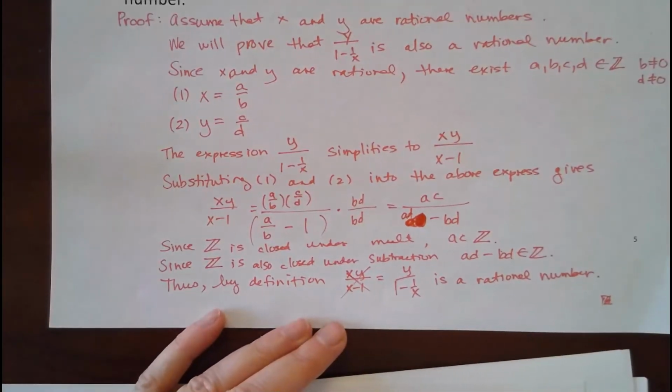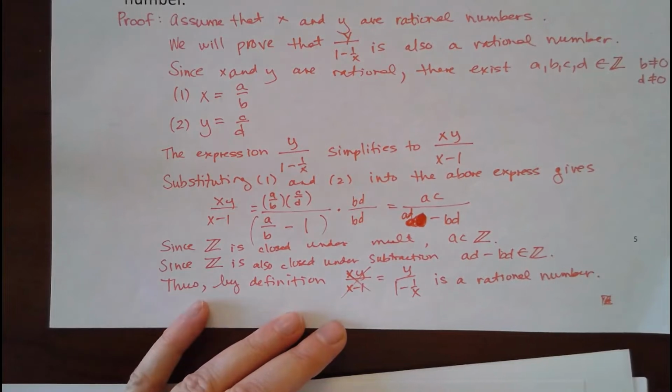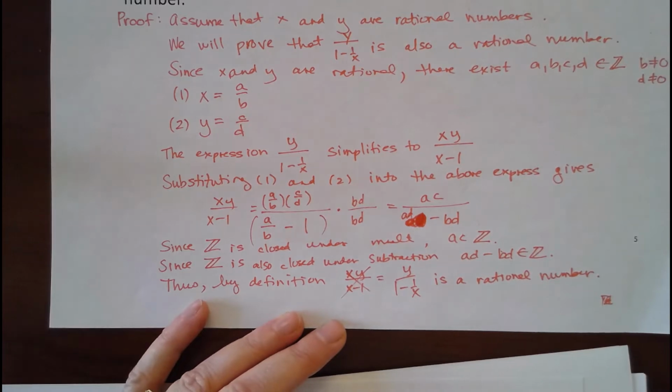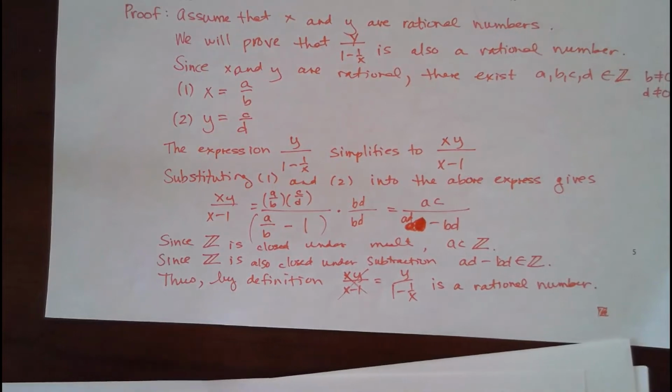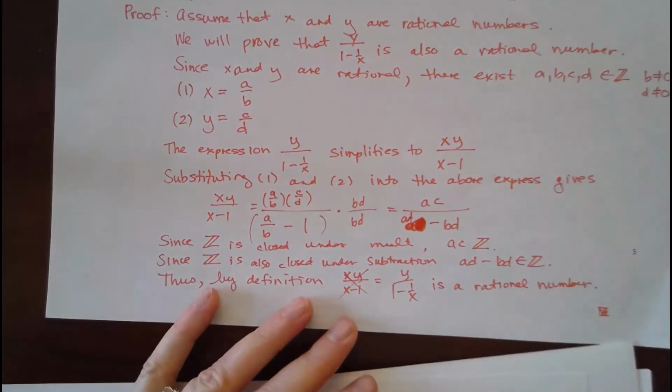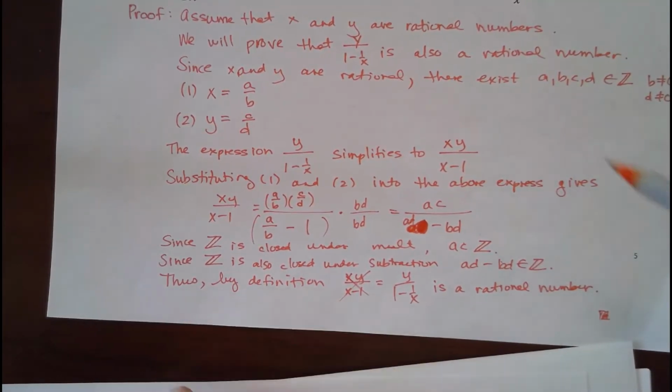So if A and B were equal to each other, that's a good question. Yeah, we have no guarantee that A and B aren't equal to each other.